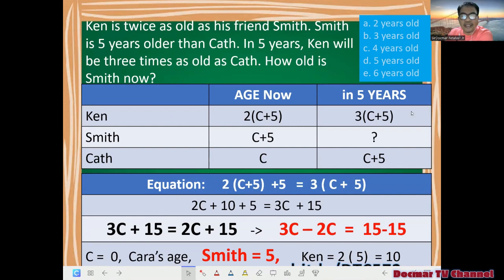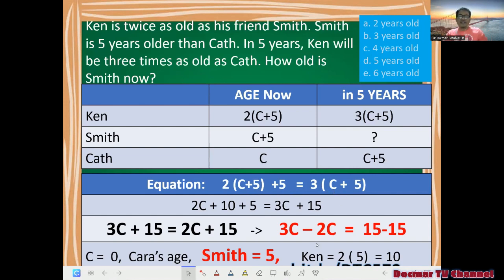Okay. So what we shall do is, of course, we have to get the equation for the given for Ken, no? Because what is being asked sa ating operation is yung age lang ni Ken, no? So the age of Ken. Why do we add in 5 years? It is in 5 years because it is stated there that in 5 years Ken will be 3 times as old as Kat.